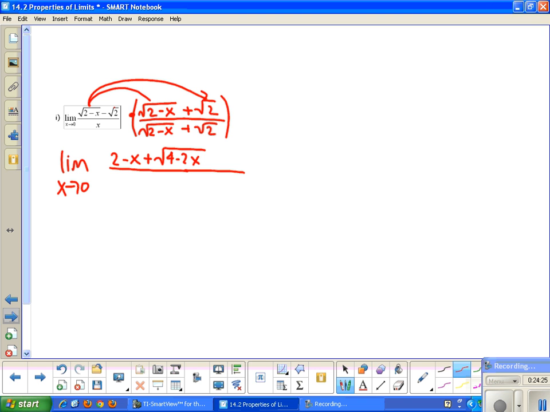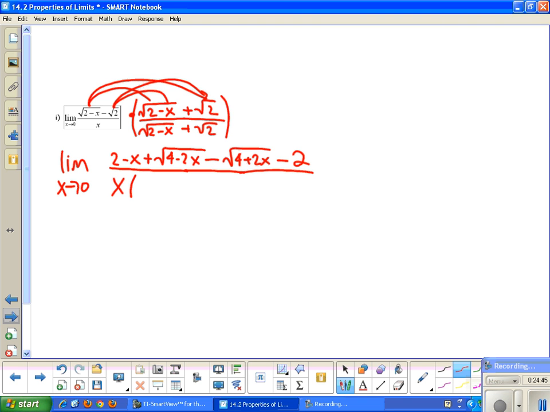And then this times this term would be minus the same thing, root 4 plus 2x, and then this term times this term would give me minus root 2 times root 2, which is just 2, because the radicals would cancel out.